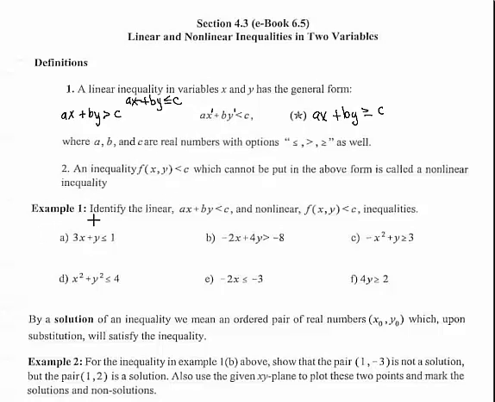So in example 1, what we want to do is identify the linear ones versus the nonlinear ones. So a, if you check the exponents of the variables, they are 1, and x and y are not located in the denominator. Okay, there's no fraction where x and y is on the bottom, so this is linear. And b, once again, x and y, exponents 1, and so it's linear.